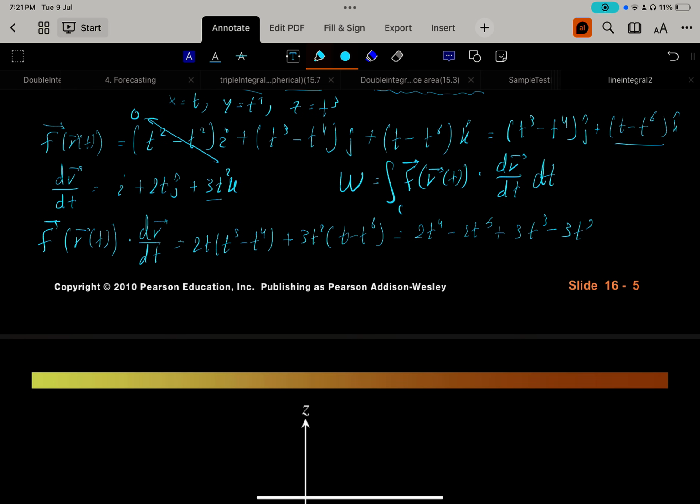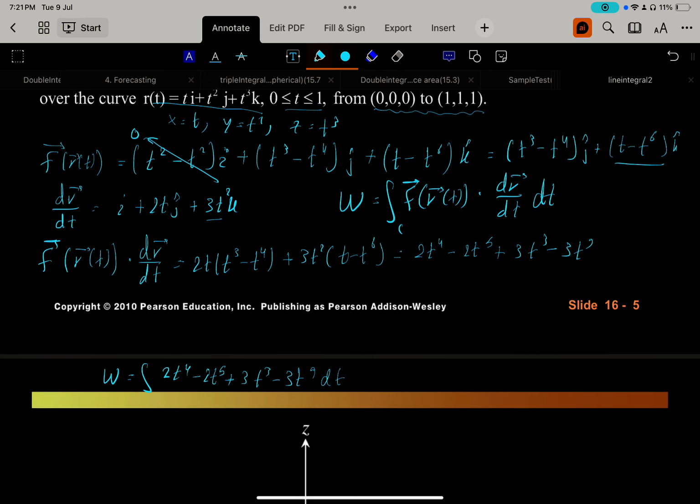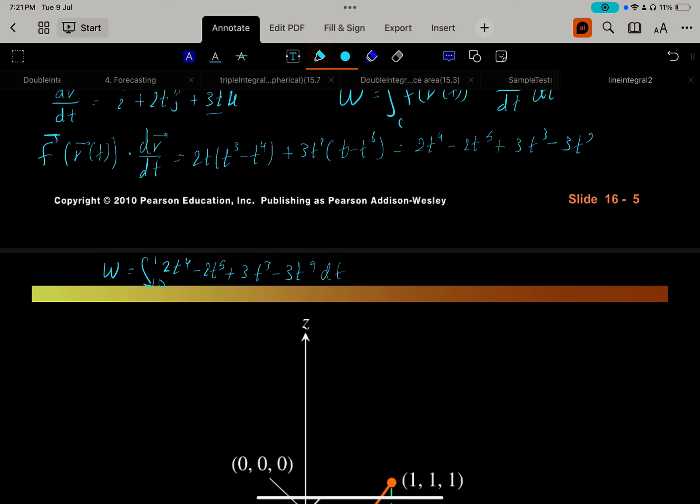Now this is our product, and so the work is going to equal the integral of this, from t equals 0 to 1, dt. And that's our work. If we want to integrate this, that's very simple.